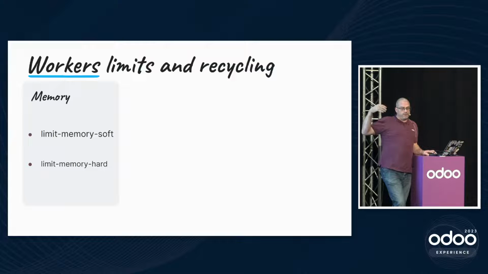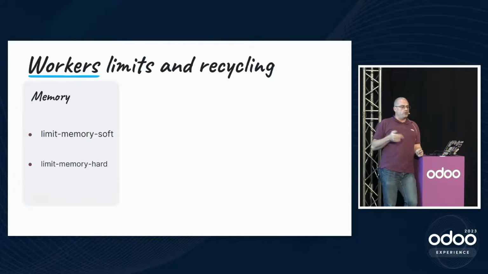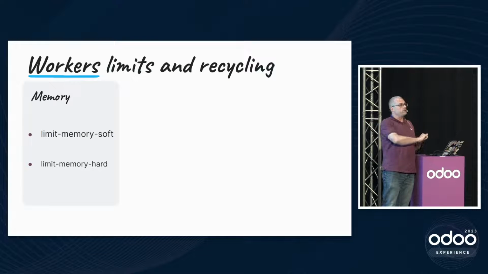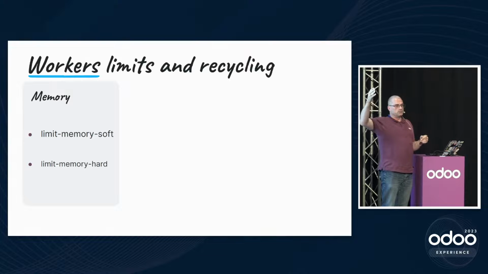The problem with a Python process is that once it gains access to memory, it doesn't release it. So we need to ensure that the system will be recycled and release the memory. To do this, we recycle a worker. Recycling a worker means killing the worker and launching a new one. You have two limits, the limit memory soft and the limit memory hard. With the soft limit, when the worker reaches it, at the end of its job, it will be killed softly and restarted.